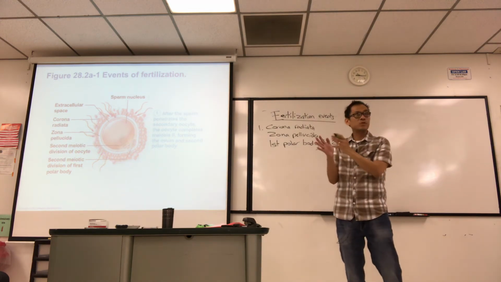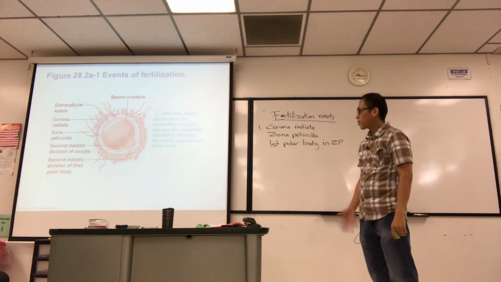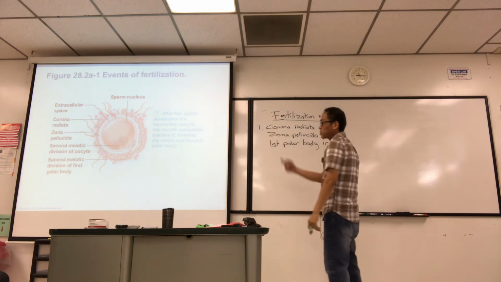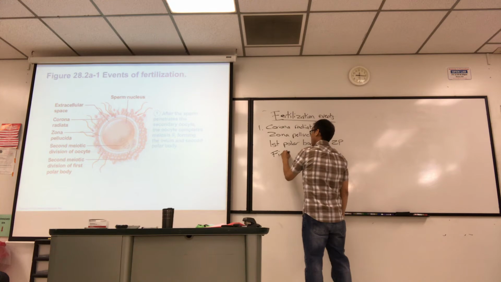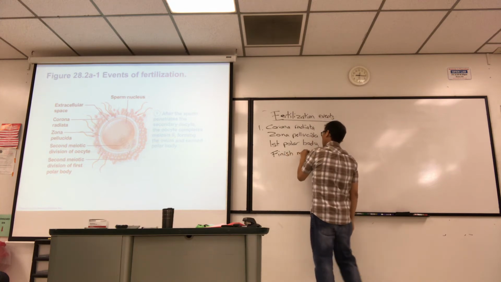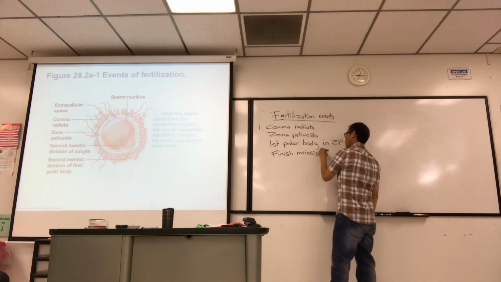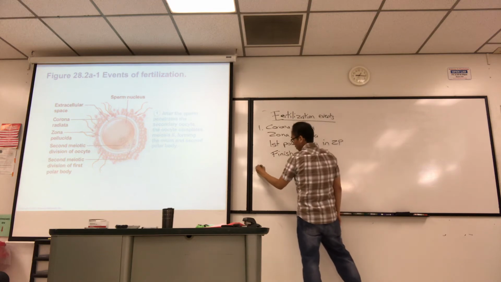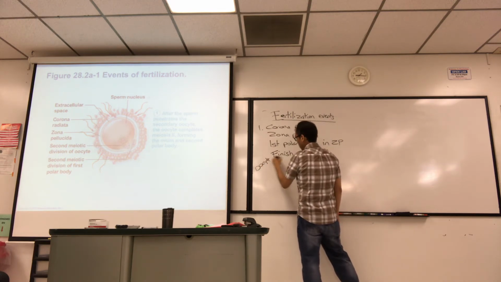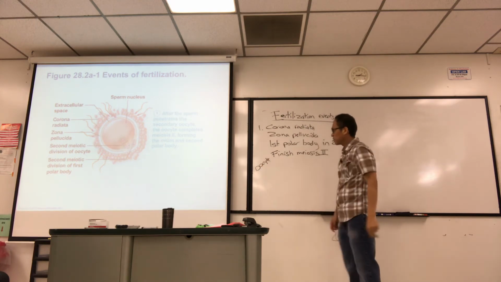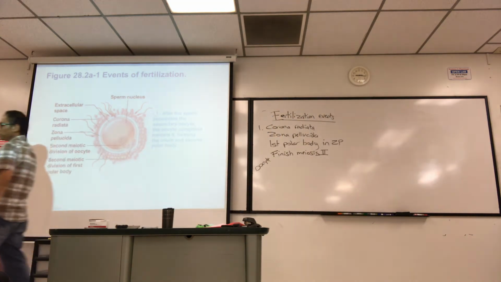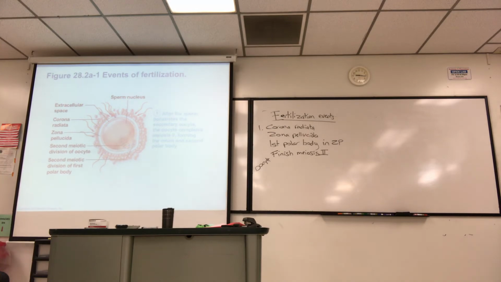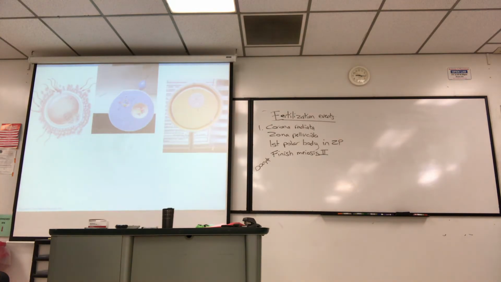It's kind of trapped in between. Okay, well, it looks like you're going to finish meiosis 2, right? I'll put oocyte. It's going to finish meiosis 2. The sperm finished already. The oocyte completes meiosis 2 because it's not done yet.